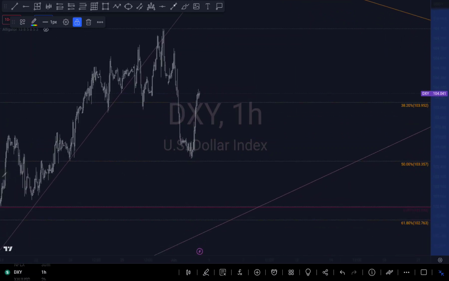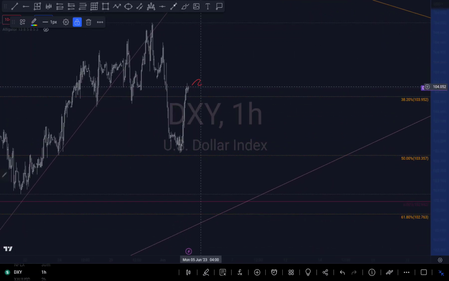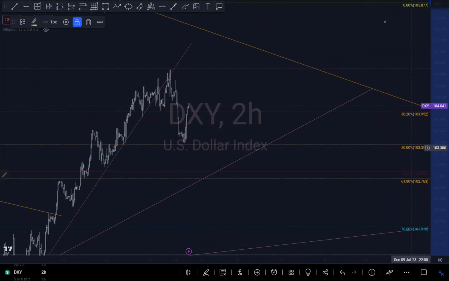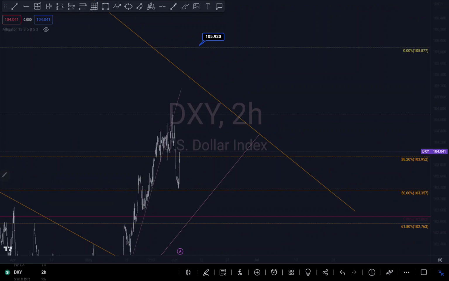As of right now, based on this current price action, let me zoom in a little bit. I think we might just continue to push to the downside because of the breakout structure. So what I'm saying is something like this, then continue to push to at least this trend line right here for us to now continue to push to the upside, because I'm still targeting this trend line on the other side.